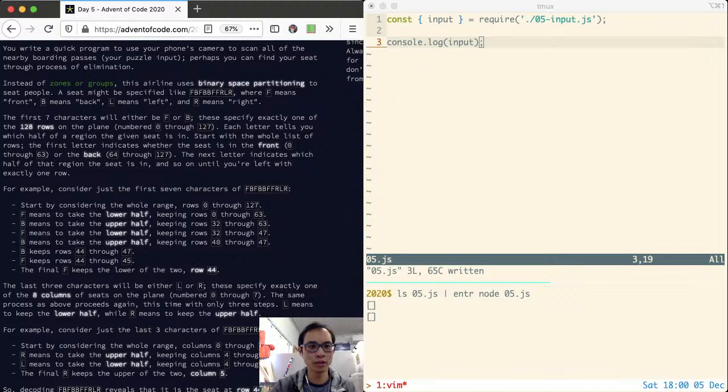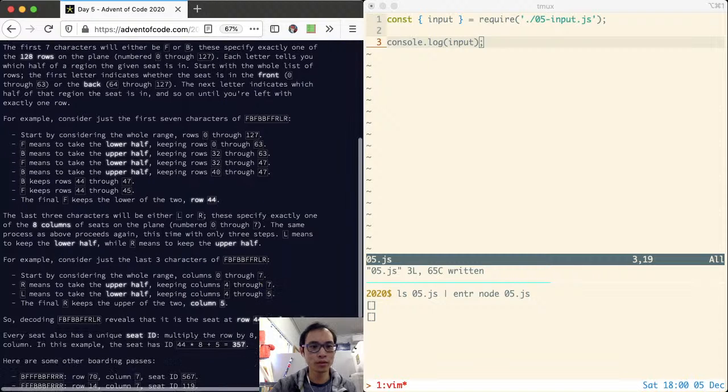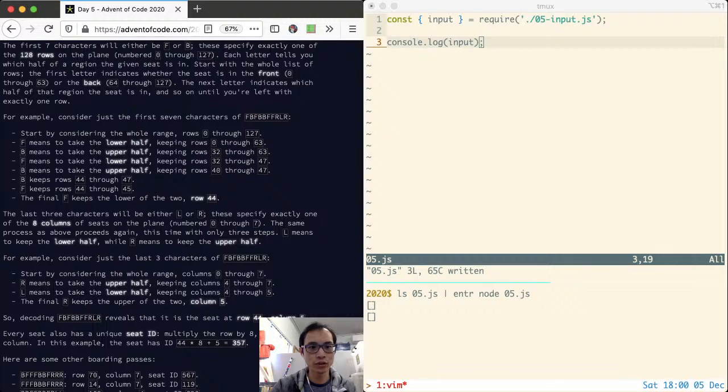The letter tells you which half of the region the given seat is in. Okay. Consider the first 7 characters of this: 1, 2, 3, 4, 5, 6, 7. Right. So F means the lower half, so say there, B. Oh, there must be a better way to do this.